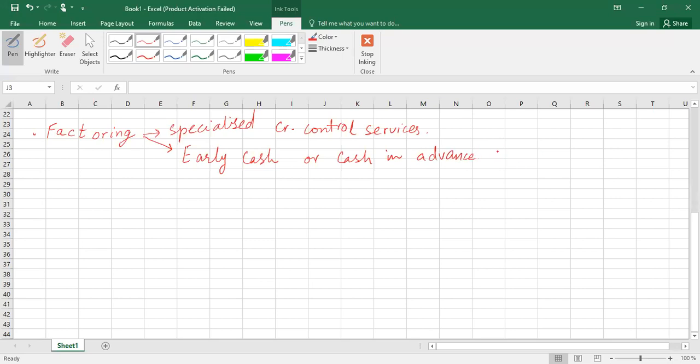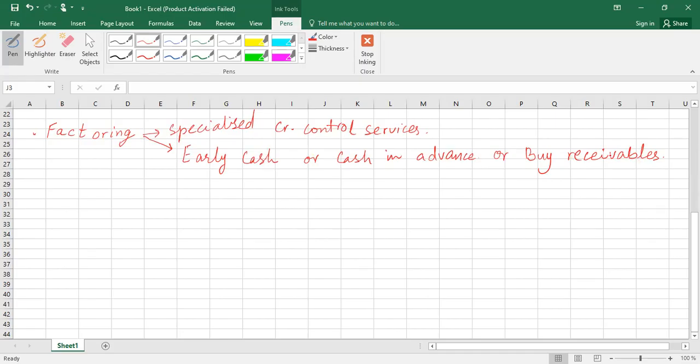Or at times we say that they are ready to buy receivables. Not all the receivables, but 70%, 80%. So factor company is the one who has the specialty in credit control department, and as well as they have the capacity to pay a loan or cash in advance, or they will purchase receivables.